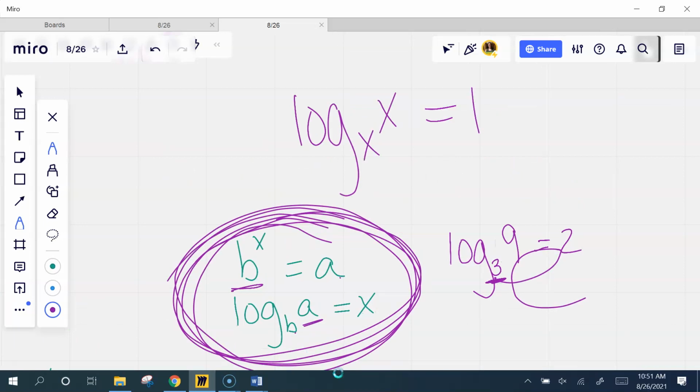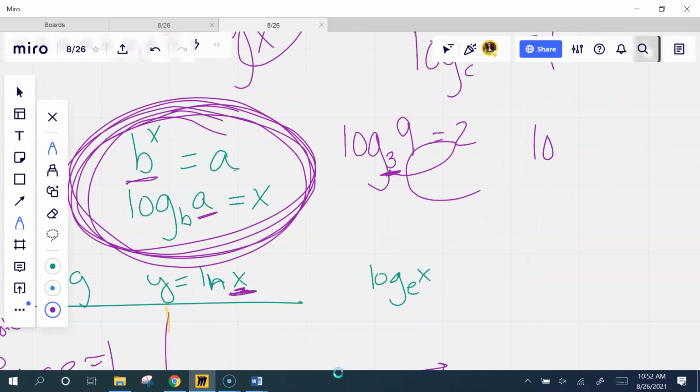It doesn't matter what that is. If these are the same, it equals 1 every single time. Absolutely. It doesn't matter. If they're the same, it equals 1.